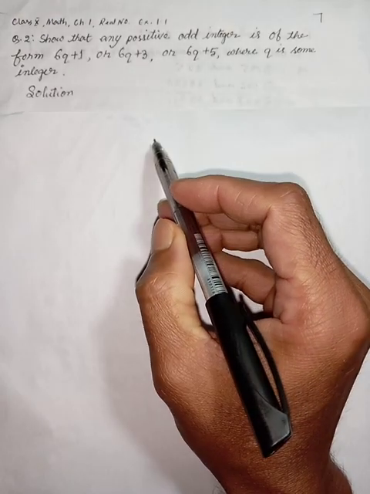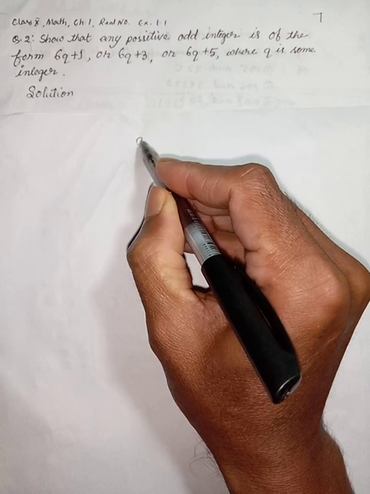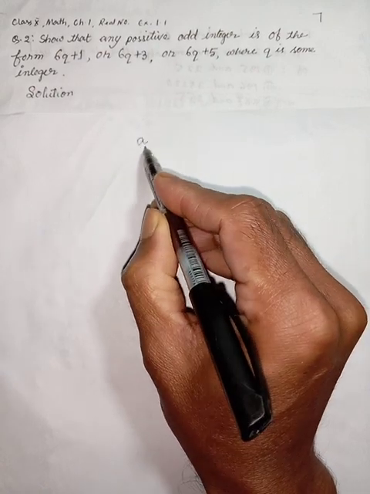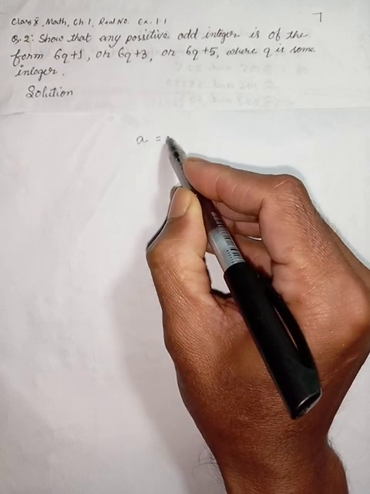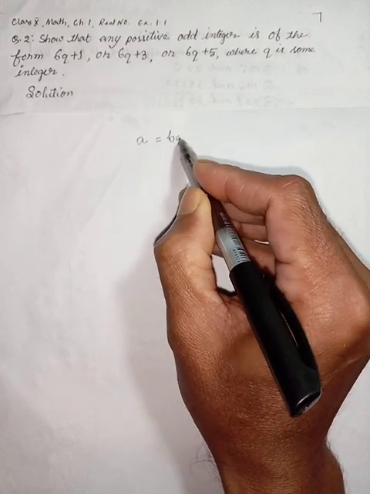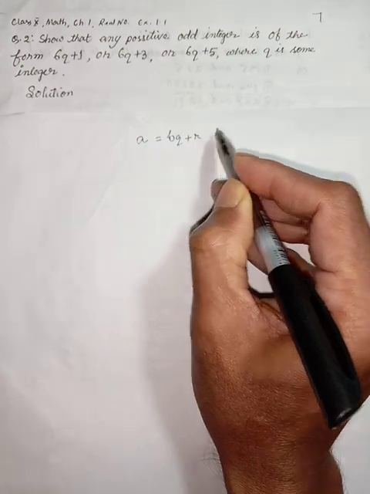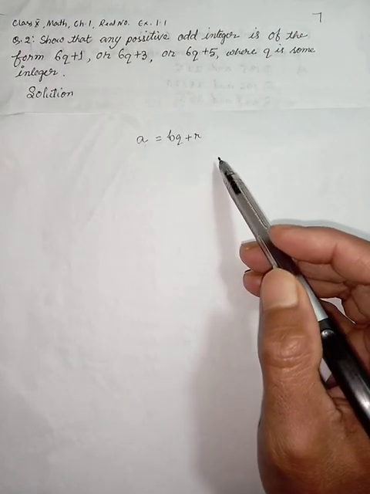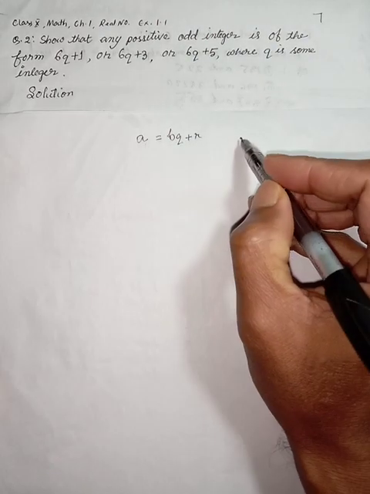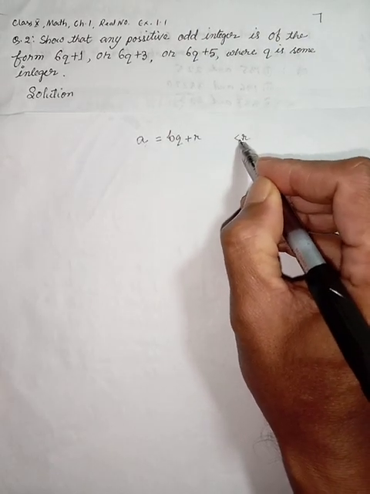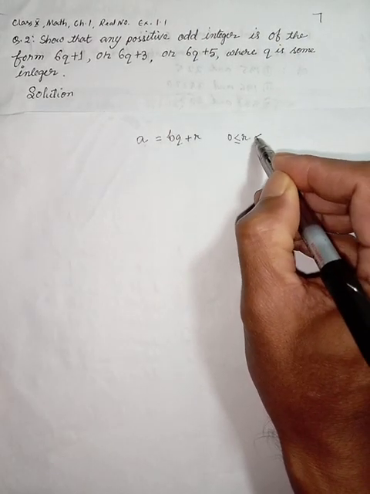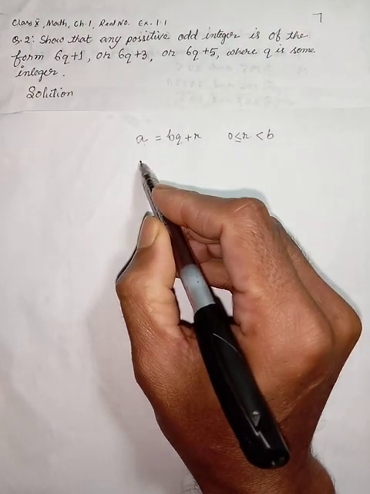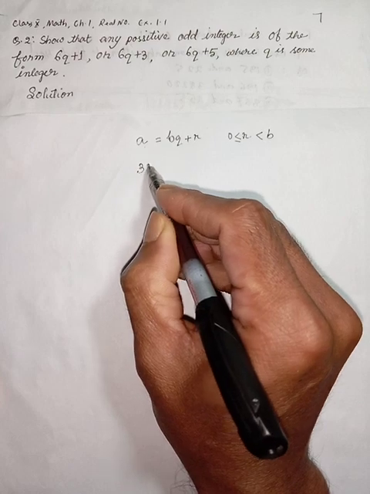Euclid's division algorithm says that any positive integer can be expressed as bq plus r, where r is always greater than or equal to 0 but less than b. Say for example, take the positive integer 30.